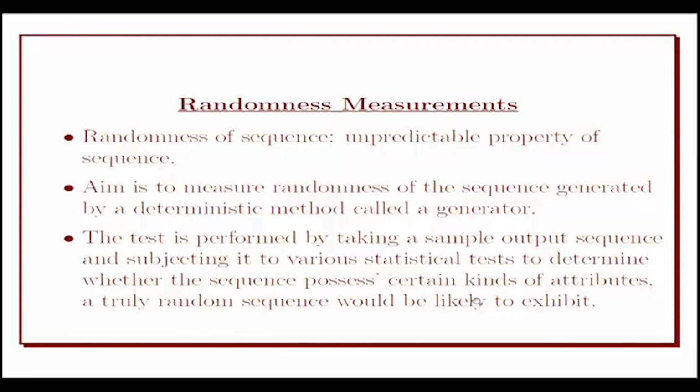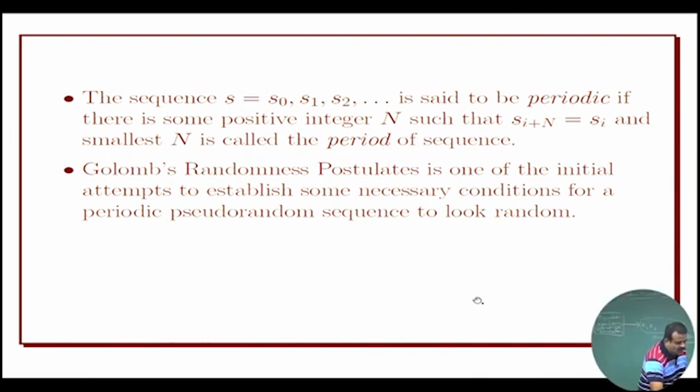So, for this test what we do, we take a sequence and we say this sequence is periodic if after n it is repeating the bits. So, this n is called the period of the sequence.